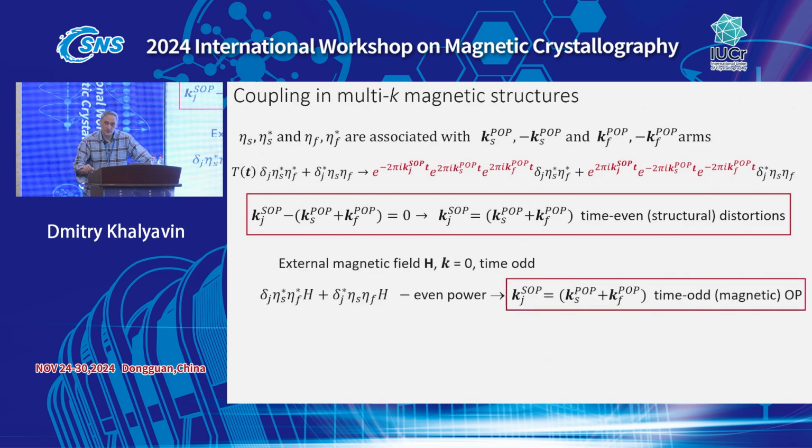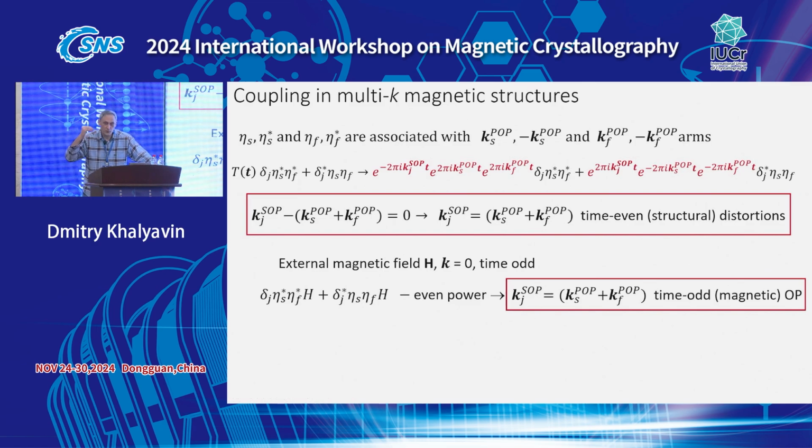And what happens if we apply a magnetic field? The magnetic field component is translationally invariant, it's K0, and it's a time-odd quantity, so it changes sign under time reversal. If we include this component of the field in our free energy decomposition, we should expect that K1 plus K2 will also contain a magnetic contribution.